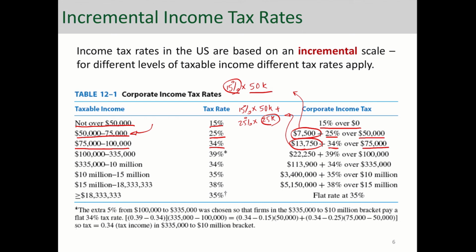But here is an important point that I want to emphasize here. In investment projects, when you're analyzing their costs and their benefits over time, and you want to apply tax on their taxable income, if the company falls into, let's say, this category, $335,000 to $10 million, and their marginal tax rate is 34%, and you're evaluating a certain project that says if you make a certain investment, you're going to make so much benefit over the years.